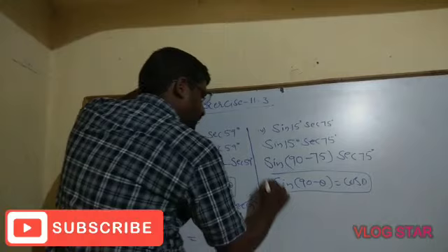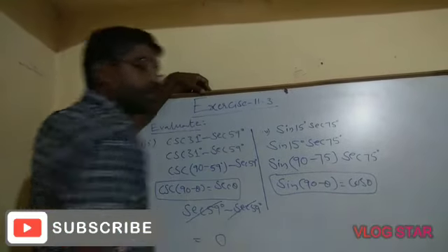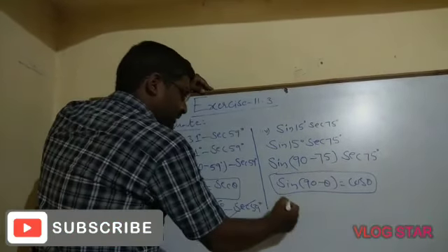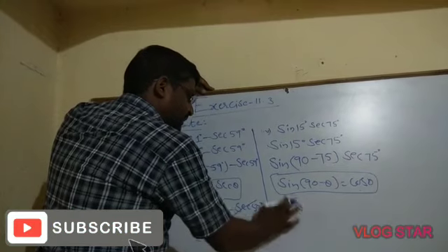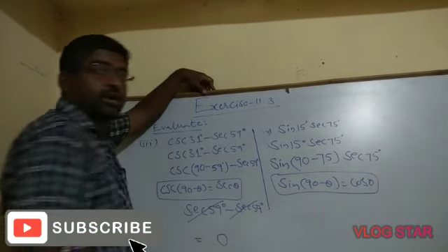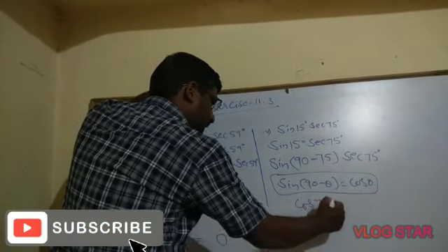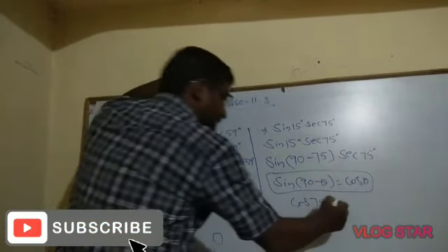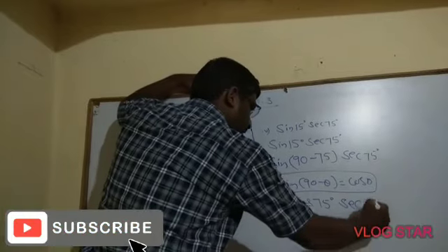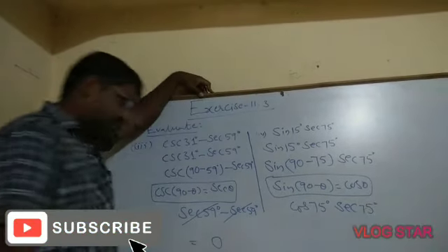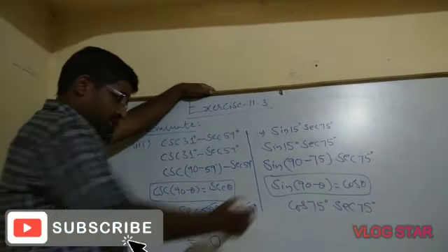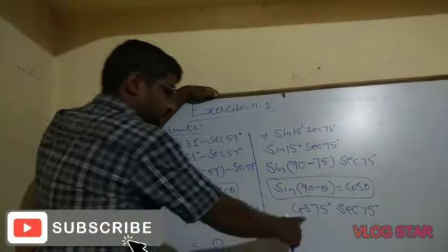This is the rule of complementary angles. Sine of 90 minus theta, sine becomes cos. That's why cos 75 degrees and sec 75 degrees. Here we cannot cancel both directly, because they are cos and sec.